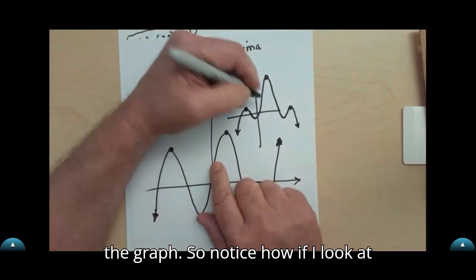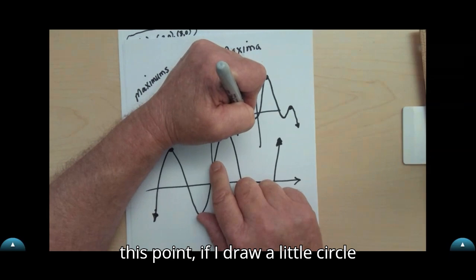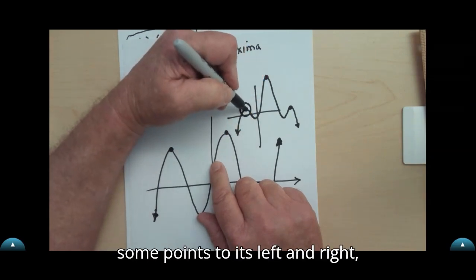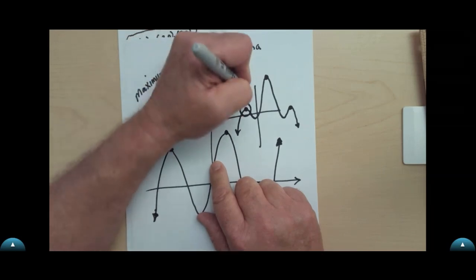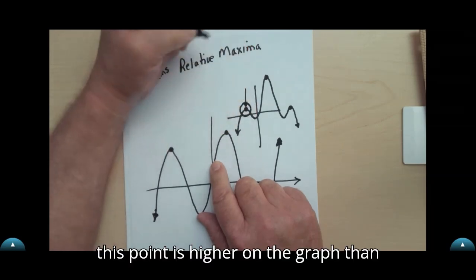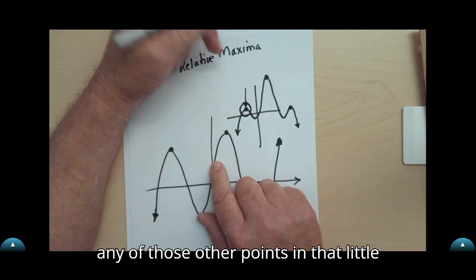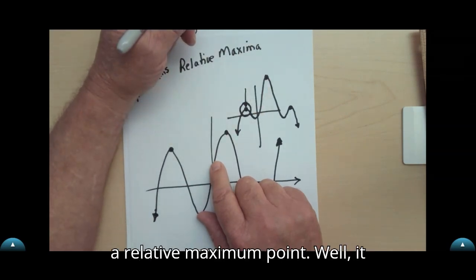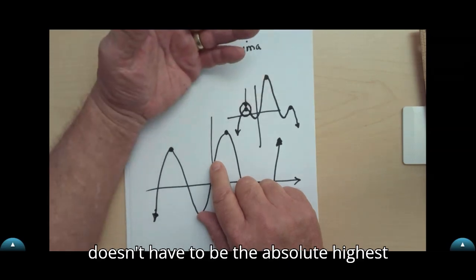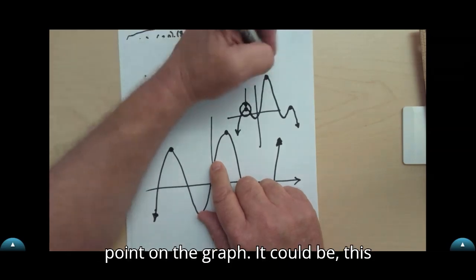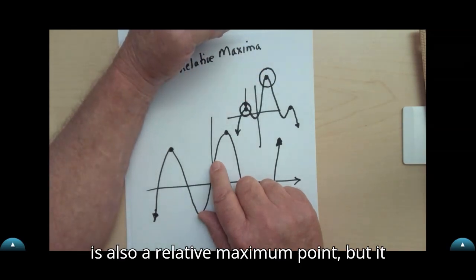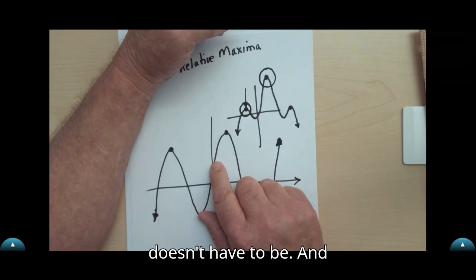So notice how if I look at this point, if I draw a little circle that includes that point along with some points to its left and right, this point is higher on the graph than any of those other points in that little region. Do y'all agree? Then it's a relative maximum point. It doesn't have to be the absolute highest point on the graph. It could be. This is also a relative maximum point, but it doesn't have to be.